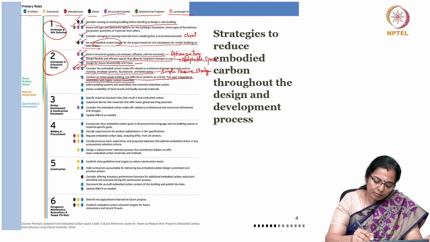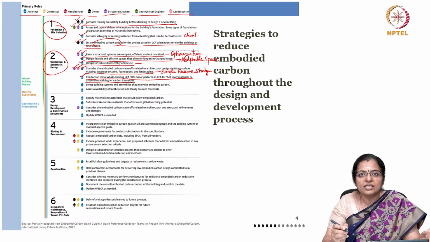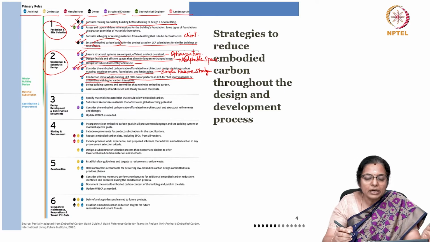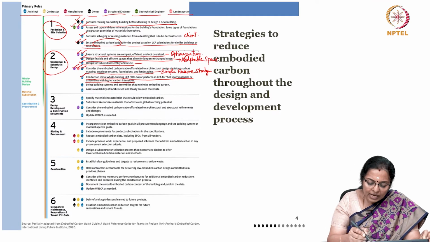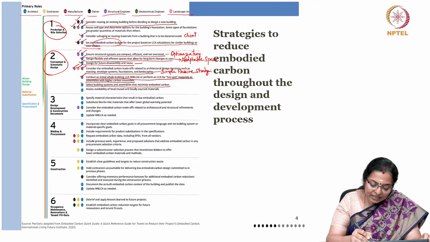That has to be done by the architect, to have an LCA, and at least look at building components or domains which are high carbon intensity. Select building systems and assemblies that minimize embodied carbon. This has to be done by the architect.